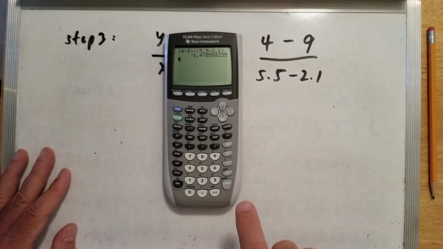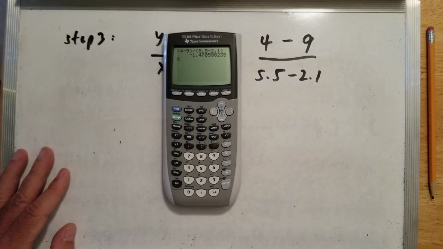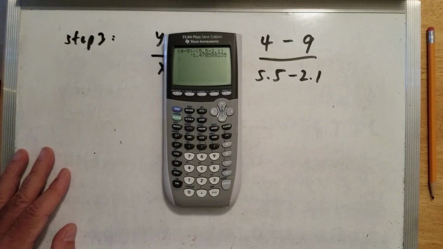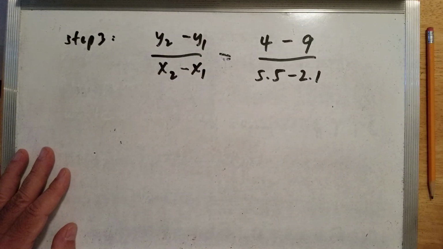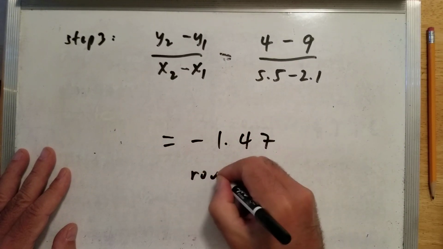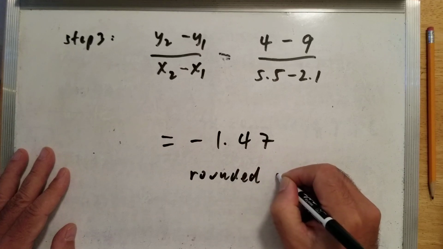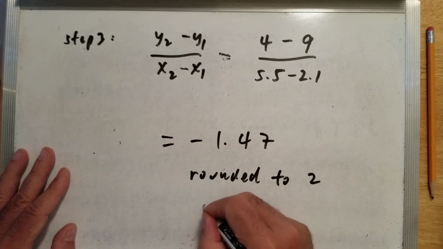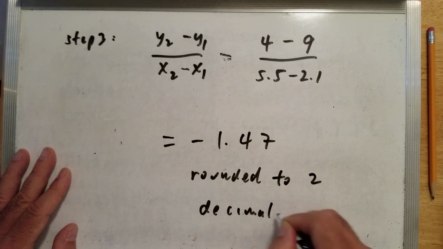Negative 1.47. I guess they say that you can round this to 2 decimal places, so that's equal to negative 1.47 rounded to 2 decimal places.